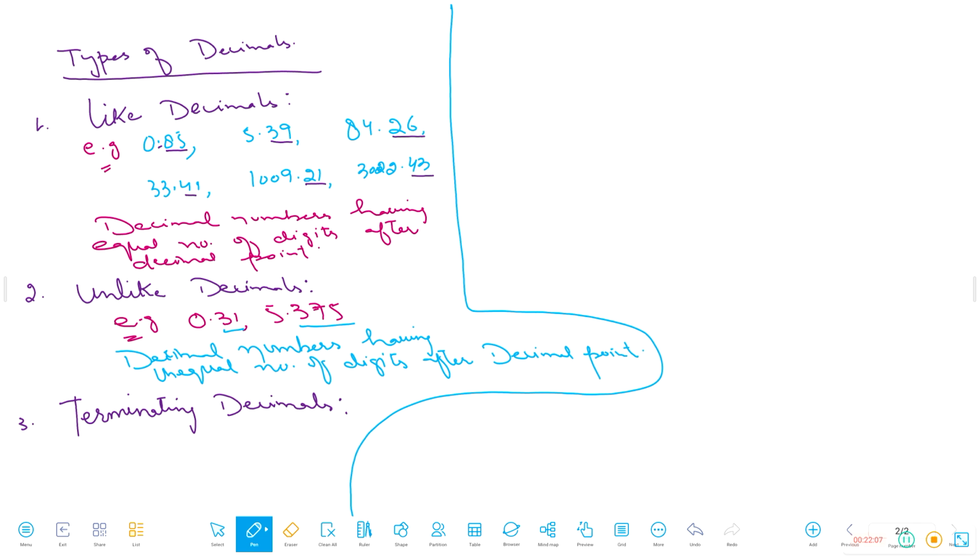Now see here. Converting unlike decimal numbers to like decimal numbers. I will do the same example.